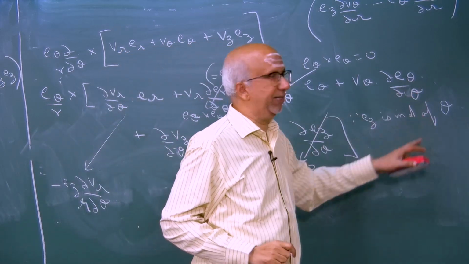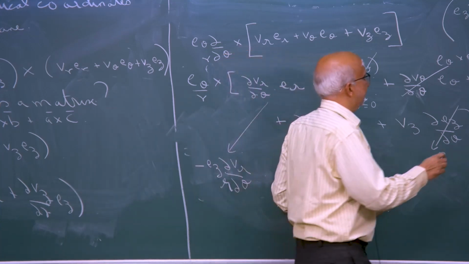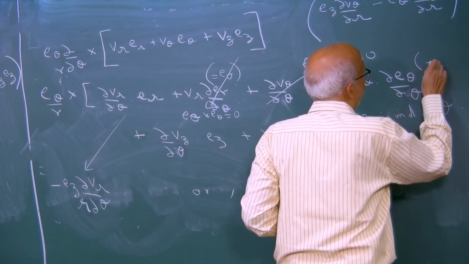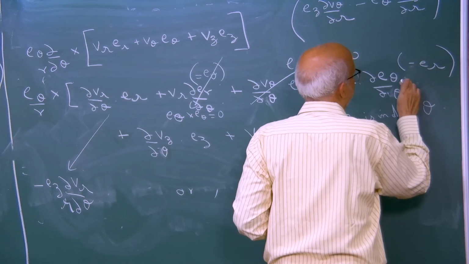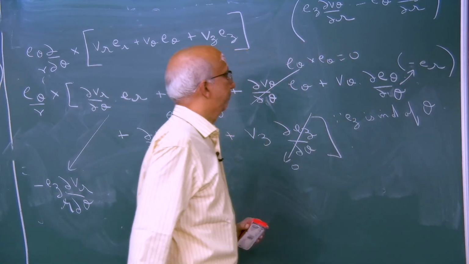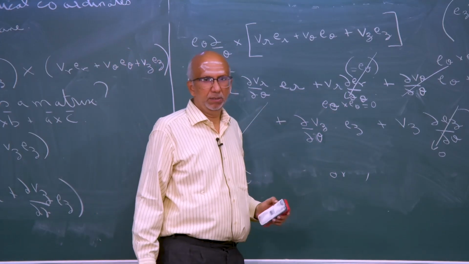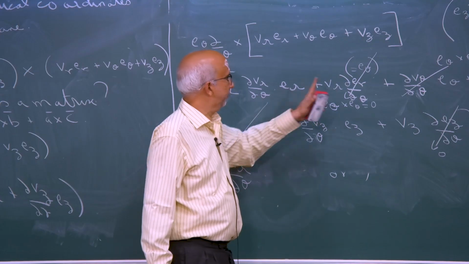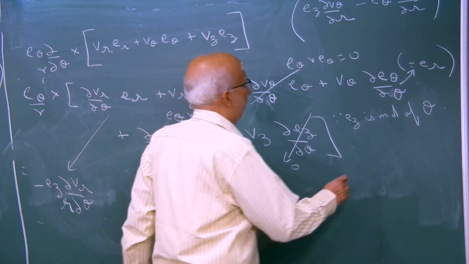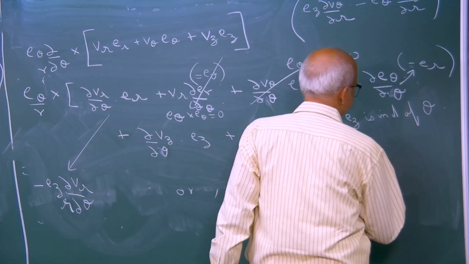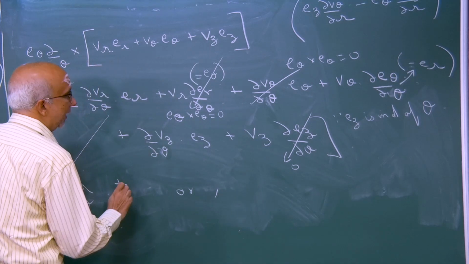And what is d E theta by d theta? d E theta by d theta is minus ER. This derivative is minus ER. So, this is E theta crossed with ER, which is minus Ez.